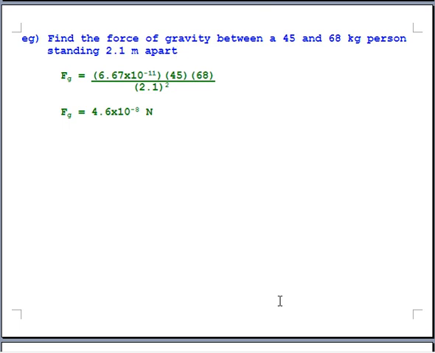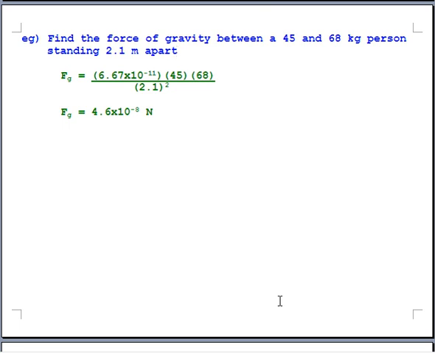Now, when you're standing beside somebody else, you can't feel that attractive force. It turns out that 1 Newton is about the amount of force it would take to push one of the keys on your keyboard if you're going to type something on your computer. Just to give you an idea, or maybe the amount of force that your thumb is exerting on your screen when you send a text message on your phone.